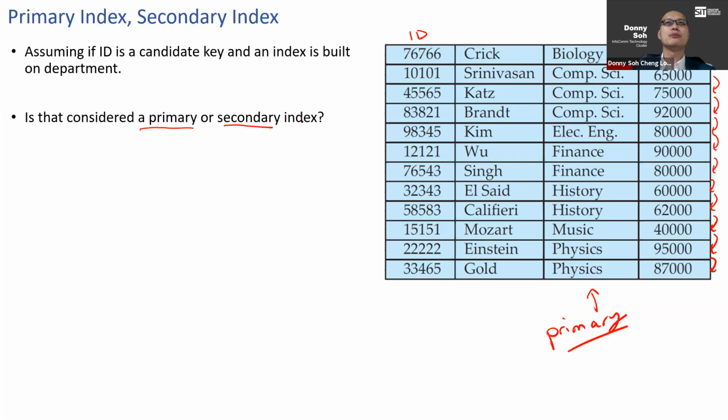If you were to build an index on ID, this will be a secondary index, although it is built on the primary key. So this is something that you may want to get. At first, it sounds a little bit strange, but just remember that it's like that.